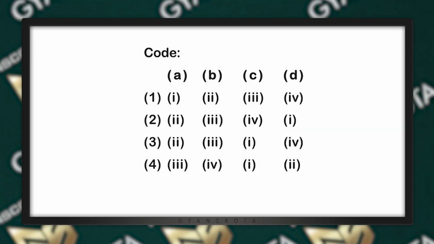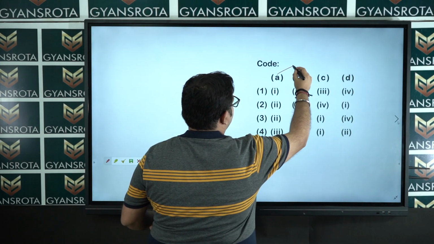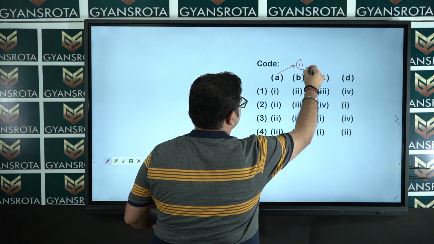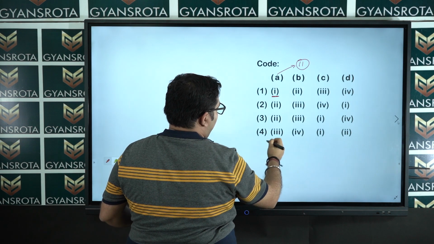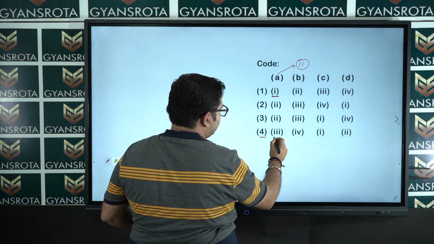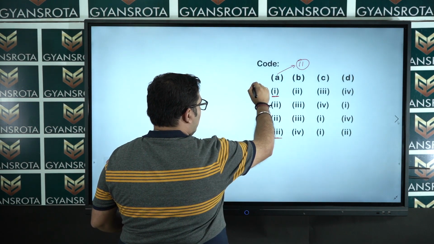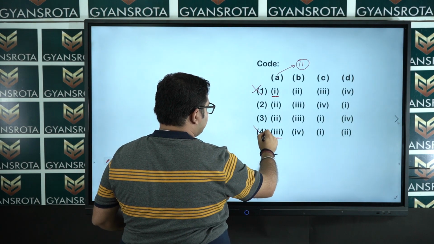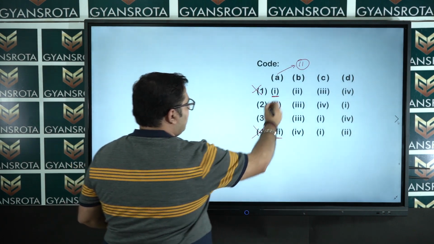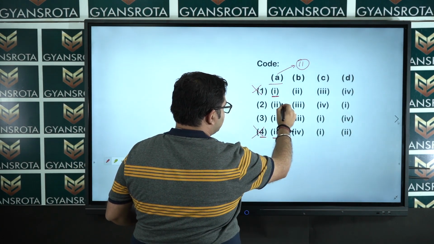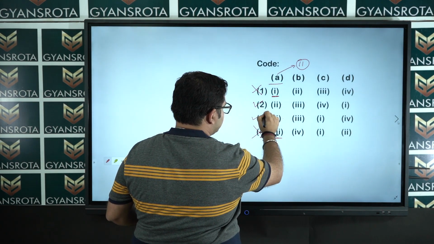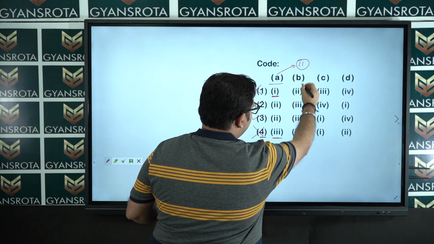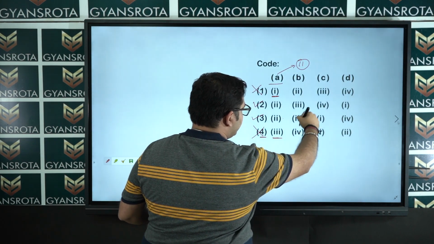If you see the options, option A is matched with option 2, but in the first case it is matched with option 1, and the fourth option is matched with option 3. So option 1 and option 4 we neglect. Now option A is matched with option 2, and B has the same, so no need to change it.